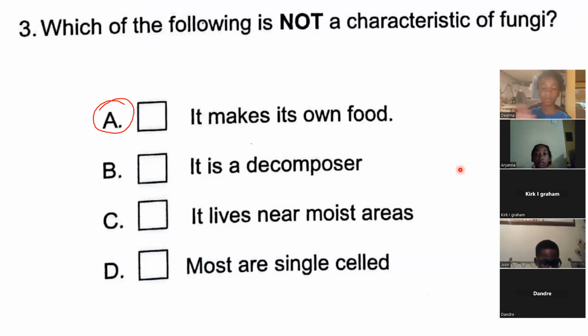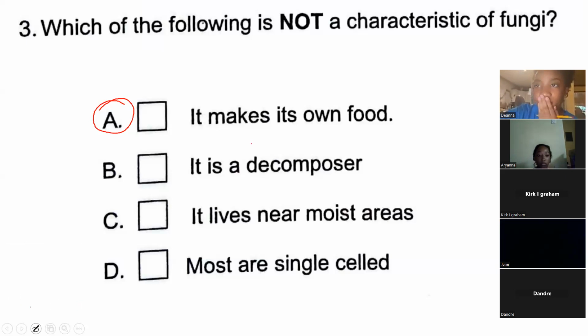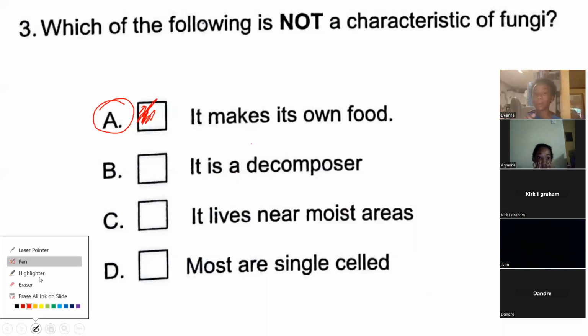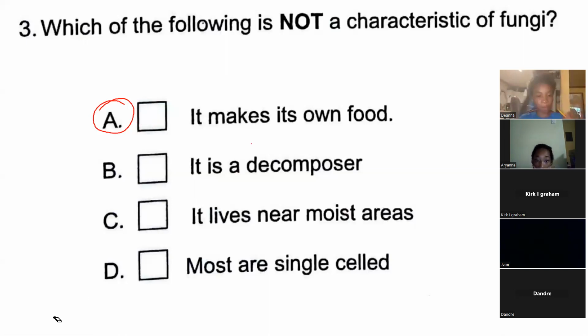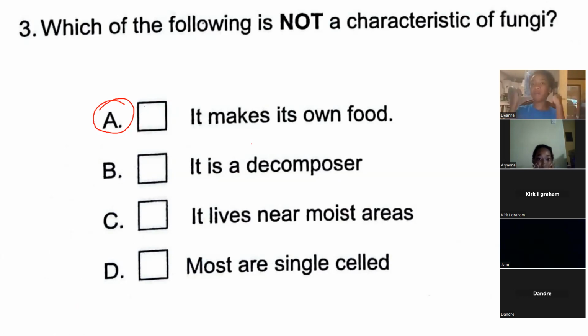All right, good. What's the correct answer? A. It makes its own food. Very good. So the correct answer is A.